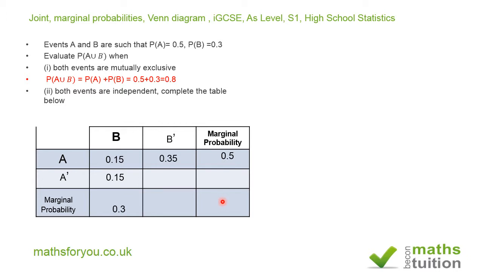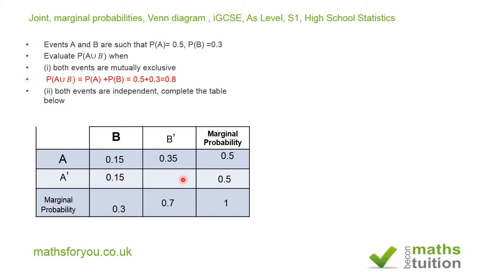Now, the sum of the probabilities has got to be 1, so we are going to have 1 in here. And if that's 1, the probability of A prime is going to be 1 minus 0.5. Similarly, the probability of B prime is going to be 1 minus 0.3, and we end up with 0.7.